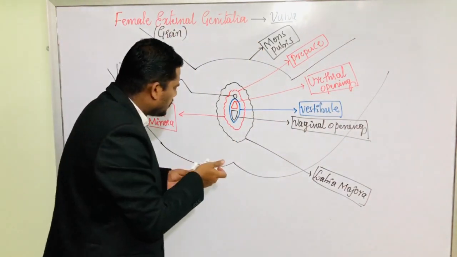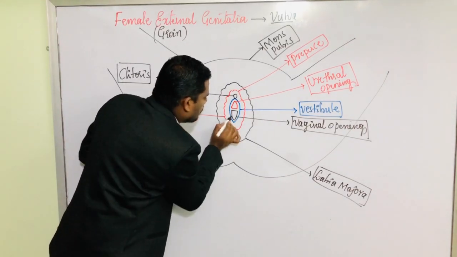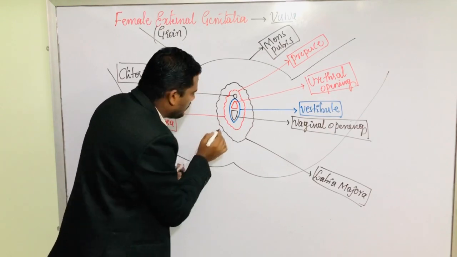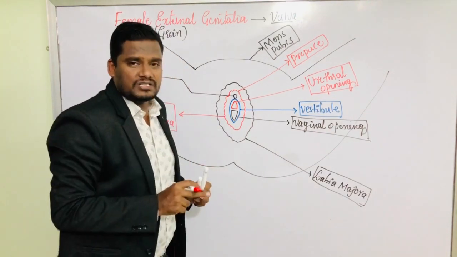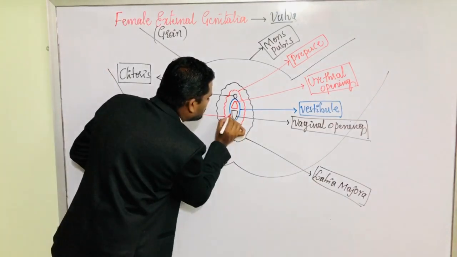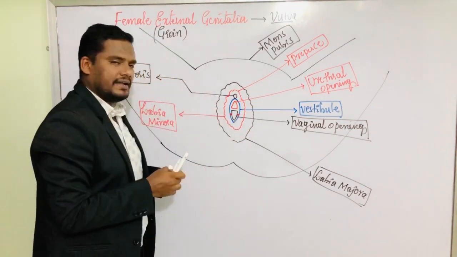Now, near this vaginal opening, there are a pair of glands present. Here we have one gland, here we have another gland. A pair of glands are located here.